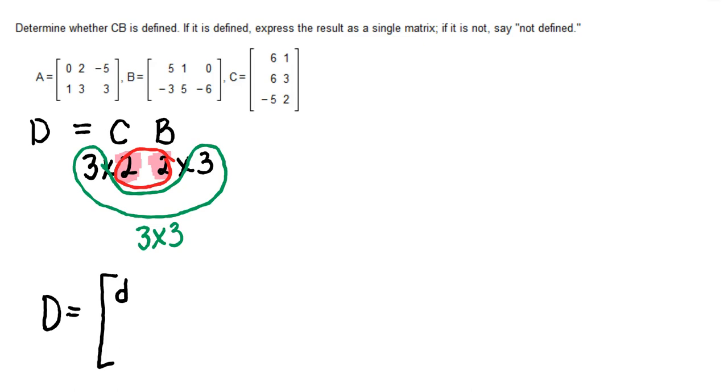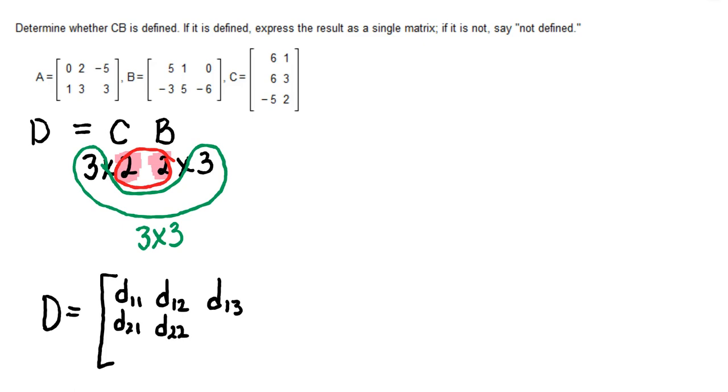So the first entry is D11, which stands for row 1, column 1. Then D12, that's row 1, column 2. D13 is row 1, column 3. Then we have D21, row 2, column 1.